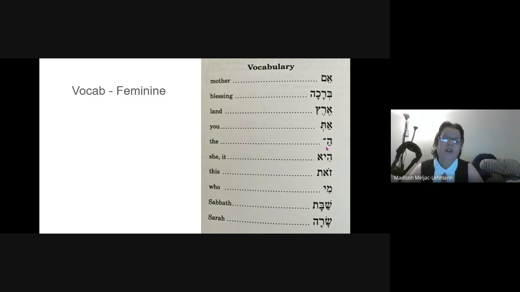Here you learn about the ha, and they have this little dot or this little dash after ha. So I want to tell you something about adding words to the front of words. We talked about in Hebrew where they wanted to get the most word that they absolutely could in the smallest amount of space. And one of the ways that they do it is they cram prefixes in the beginning.